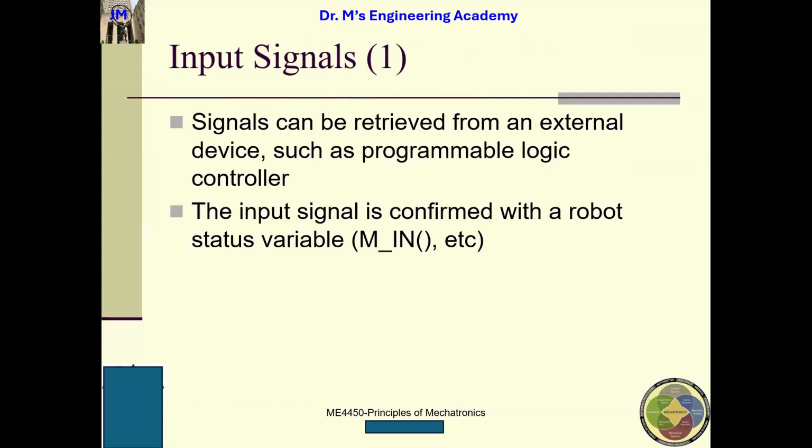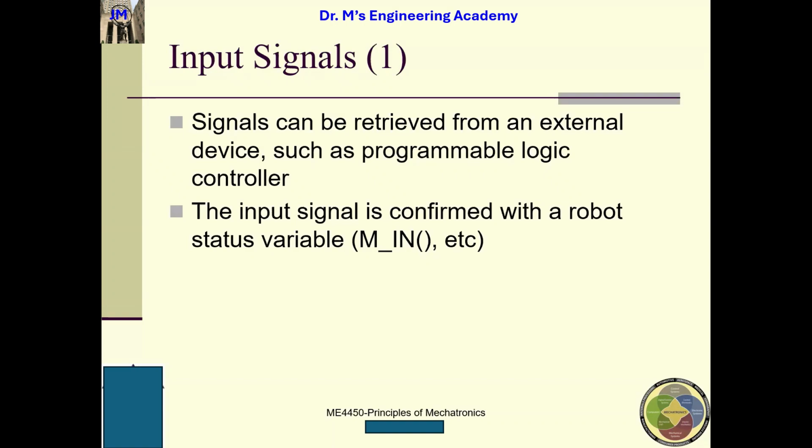No question? And then we have input signal and output signal. As I said, this is a microcontroller. Industrial robots are treated as a special microcontroller, and they can read the sensors' input. So how to do that? Input signal: you can get the status from the input.